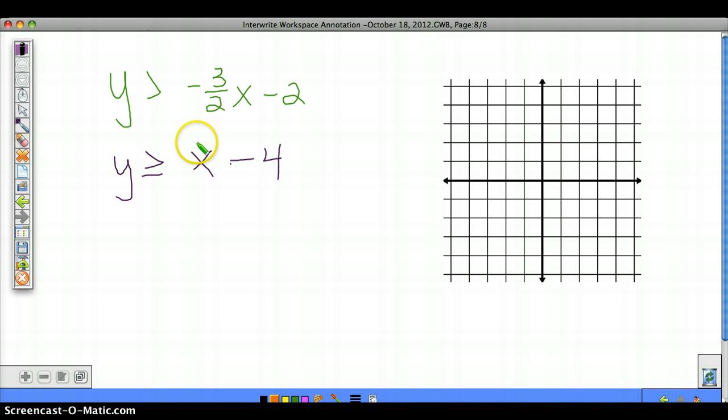I have y is greater than negative 3/2 x minus 2, and then I have y is greater than or equal to x minus 4. So let's graph our green line first. I have a b of negative 2, and I have a slope of negative 3 over 2.